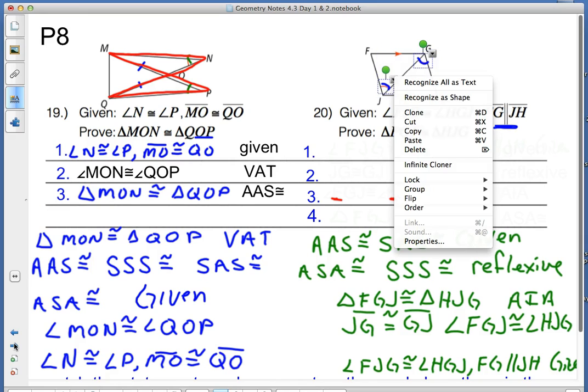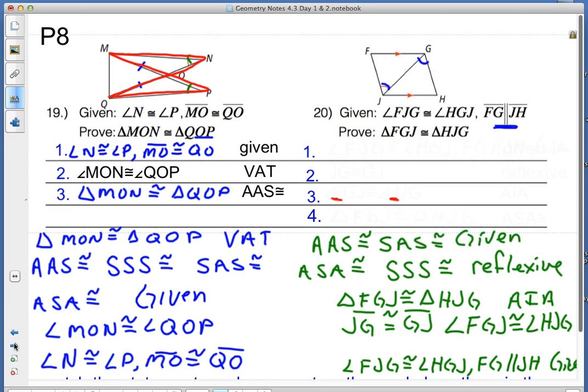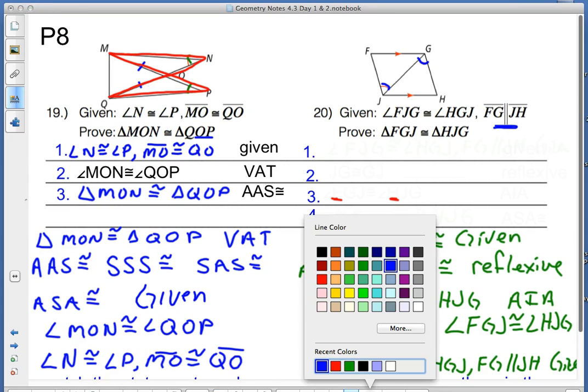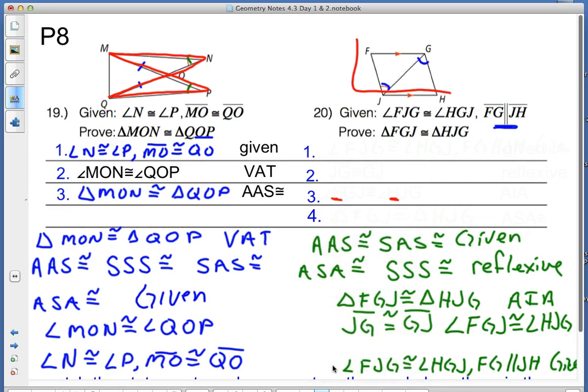I'm going to make these red. I'm going to make those red, if I can make those red. It's here someplace. Somebody said it would be red. Well, we're making them red anyways. I'm not sure why it's not there. There it is. We're going to make those red, maybe. Sorry, guys.